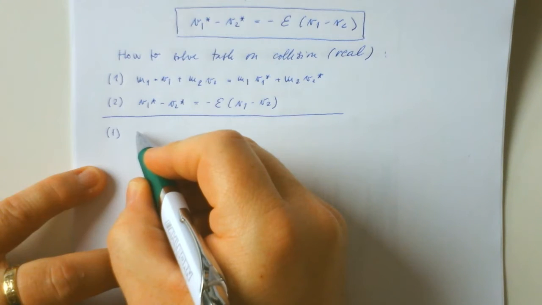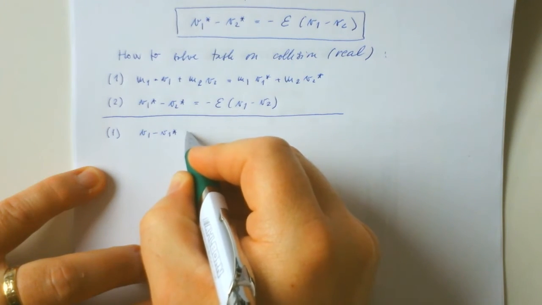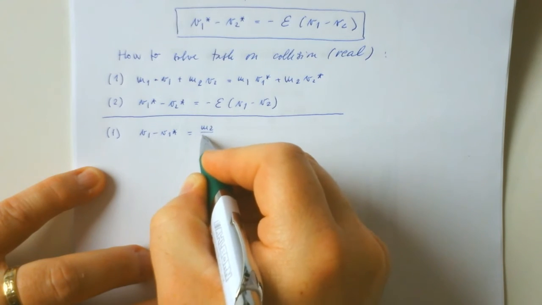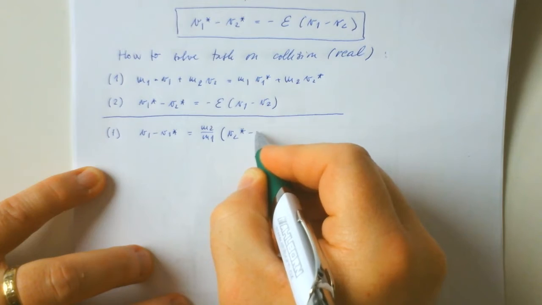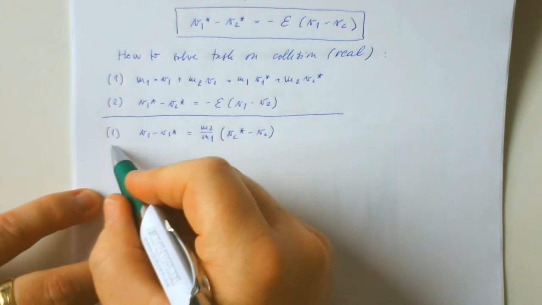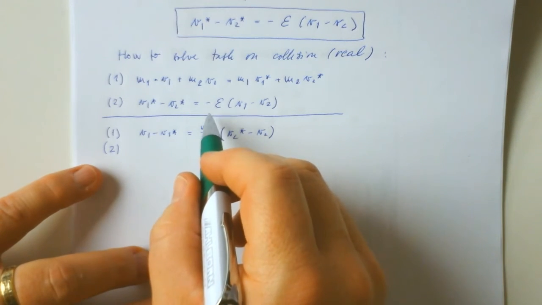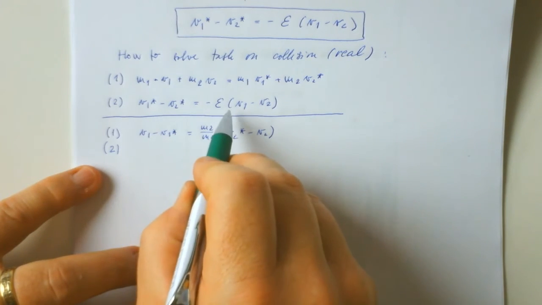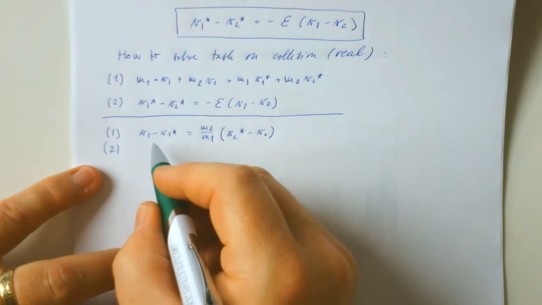So it is v1 minus v1 star is equal to m2 over m1 times (v2 star minus v2). It's from the first equation, and we can almost copy the second equation, rearranging only some terms here.